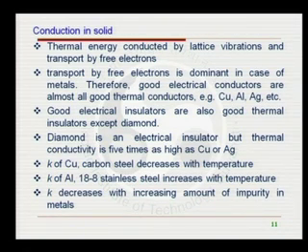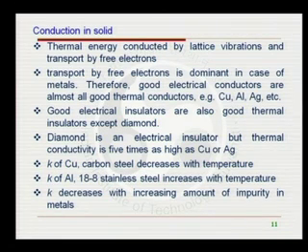Therefore, almost all good electrical conductors are good thermal conductors. Typical examples of these metals are copper, aluminum, silver, iron, etc. So, they are good thermal conductors, and they are also good electrical conductors at the same time.